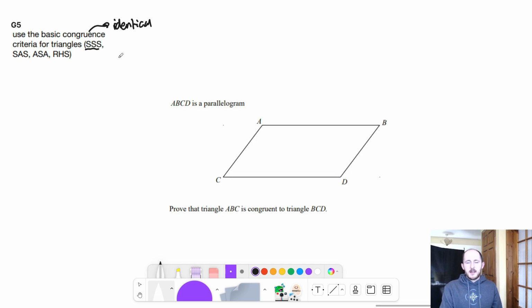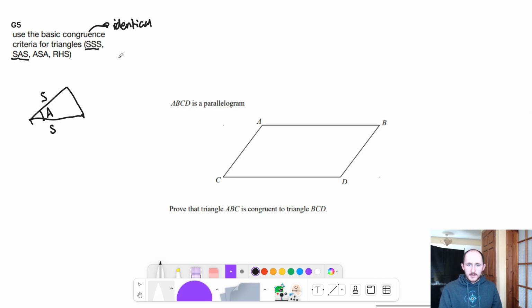Well, SSS means side, side, side. If all three sides are the same length, then both triangles are identical. They're congruent. This one here is a bit more tricky. Let's say we have a triangle like this, and you know that this side and this side are the same, and the angle between them is the same, then they are identical triangles.